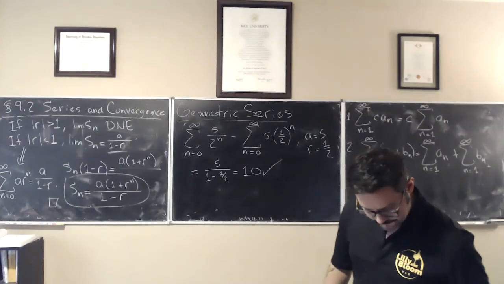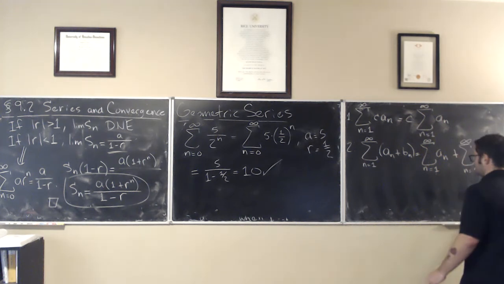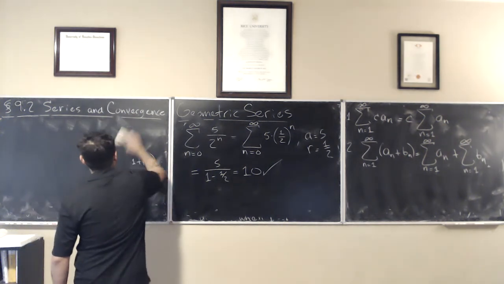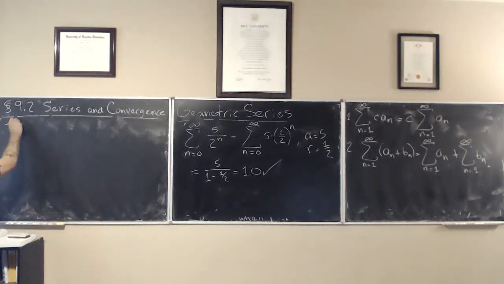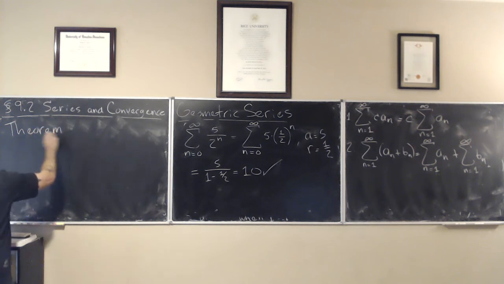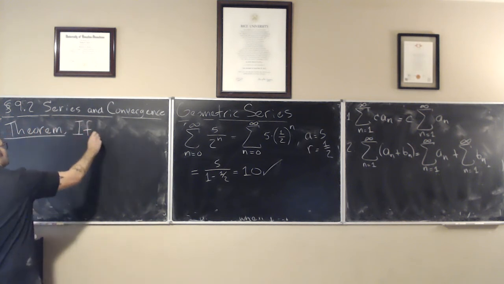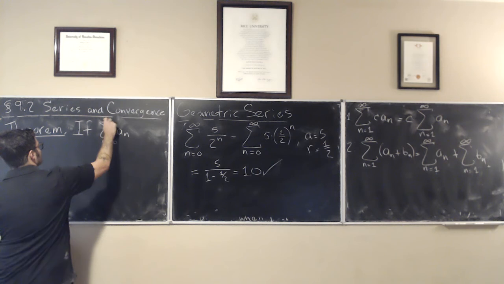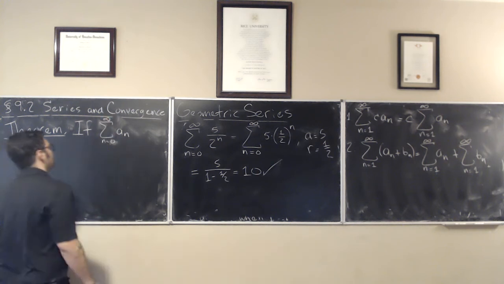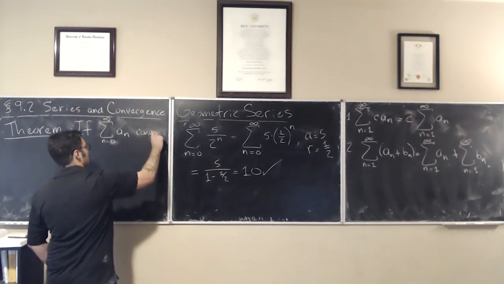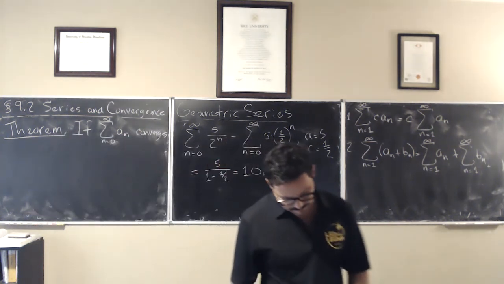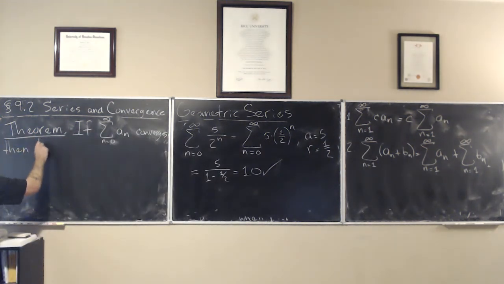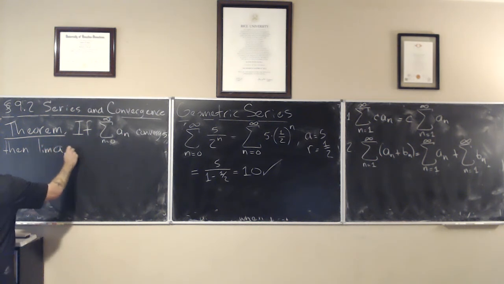All right. So one last here. If this infinite series converges, then the limit of a sub n is equal to 0.